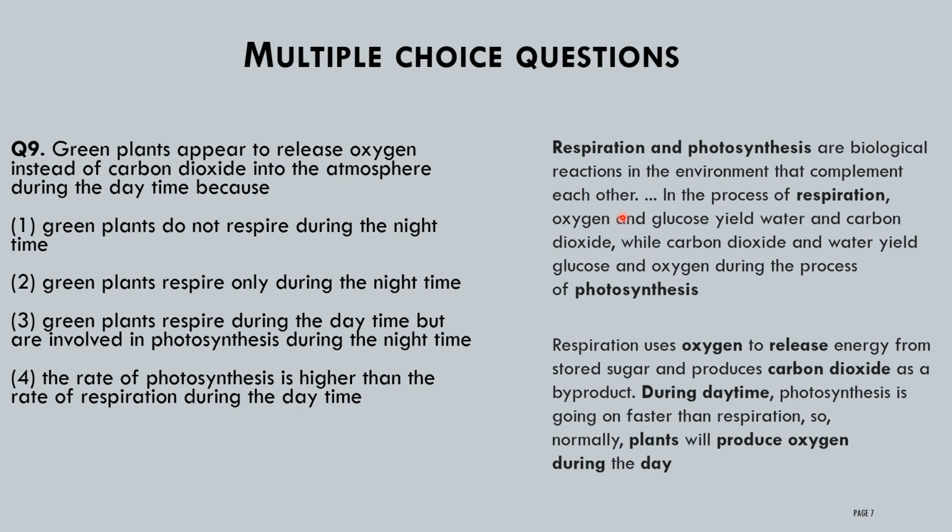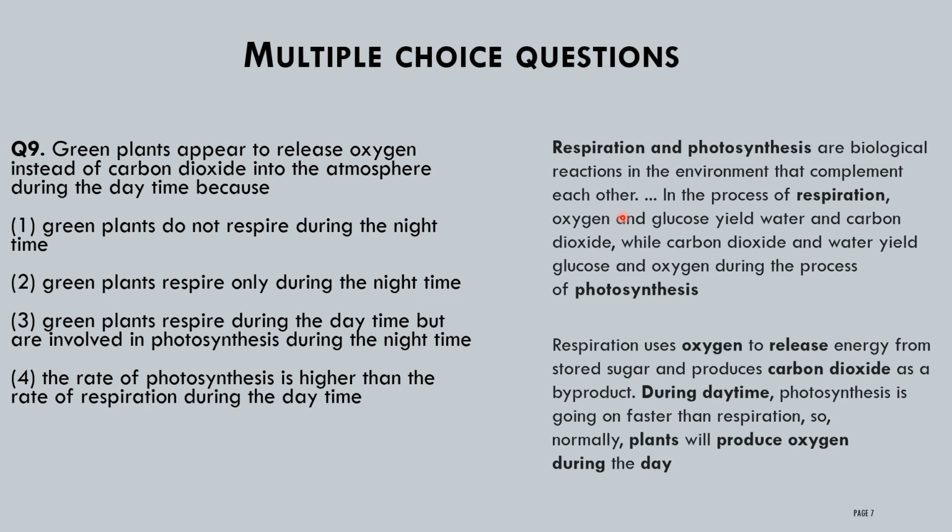Like animals, plants also respire. In the process of respiration, plants take in oxygen and give out carbon dioxide. In the same way, plants carry out photosynthesis. During photosynthesis, plants take in carbon dioxide and release oxygen.